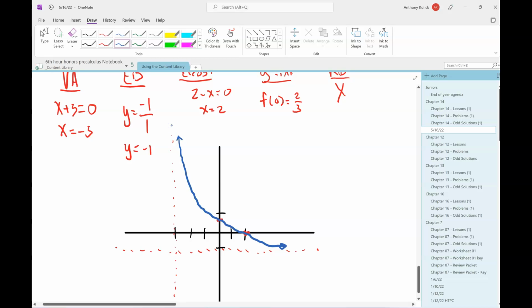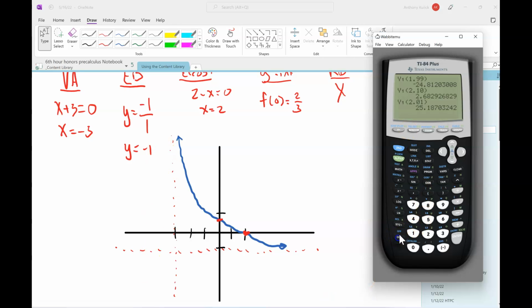The only way I can go through those 2 points and still follow the asymptotes is if it's doing that. Everybody agree? So I don't even have to check the right-hand side of that vertical asymptote. I just have to see what's happening on the left. Well, alrighty then.